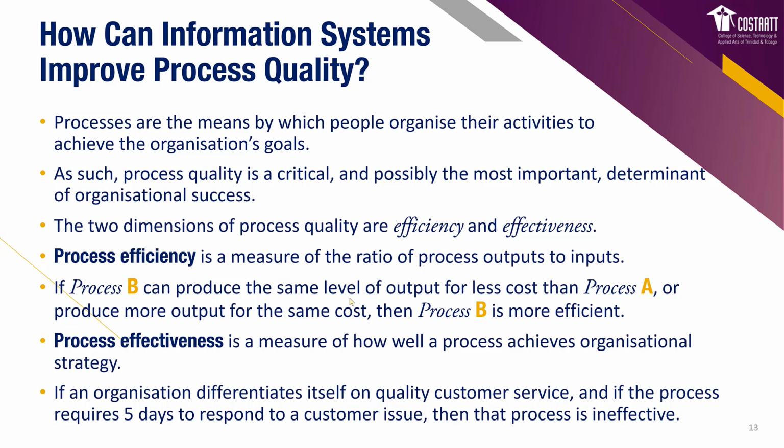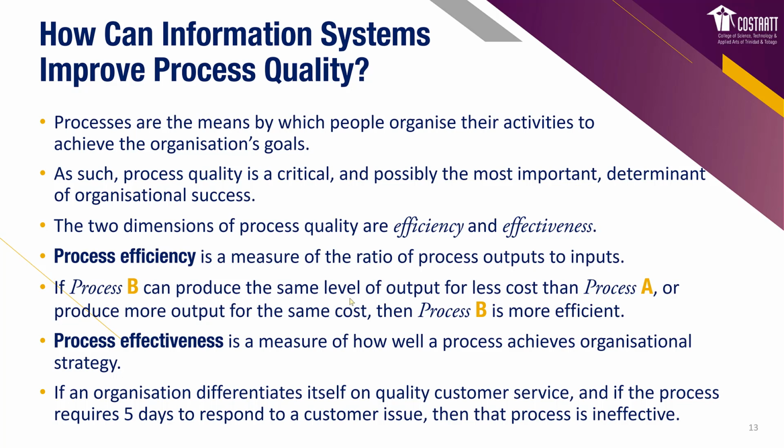The fewer inputs that you use to create the same amount of output means that you're becoming more efficient. So if it takes you less time to produce 10 units, then you are more efficient. Typically, you took 30 minutes to produce 10 units, but now you are taking 25 minutes to produce 10 units. And in a month's time, you are taking 20 minutes to produce 10 units. You are becoming more efficient.